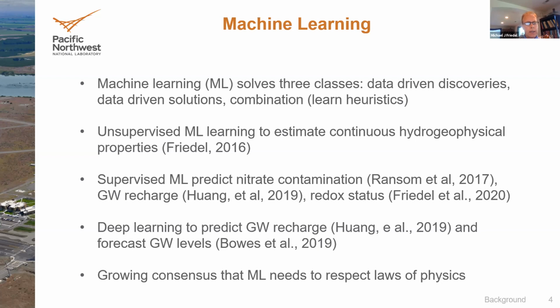For example, unsupervised learning was used to estimate continuous subsurface hydrogeophysical properties, whereas supervised learning was used to predict subsurface nitrate contamination, groundwater recharge, and groundwater redox status. There has also been some work done more recently using deep neural networks to predict groundwater recharge and forecast groundwater levels. And in the wake of these and other data-driven studies, there's a growing consensus that machine learning needs to respect the laws of physics.